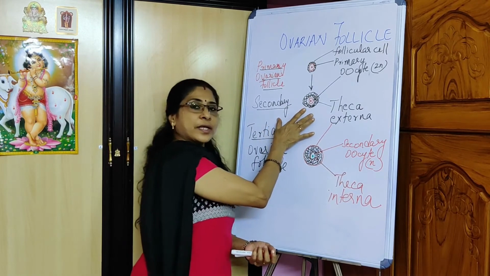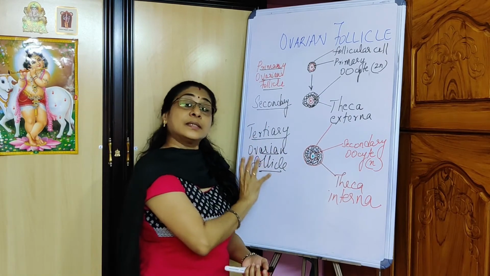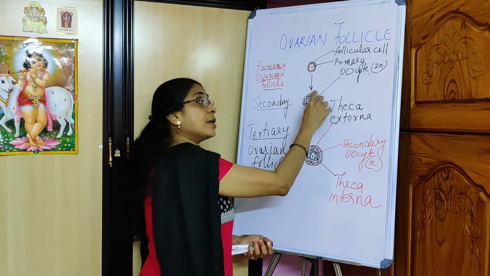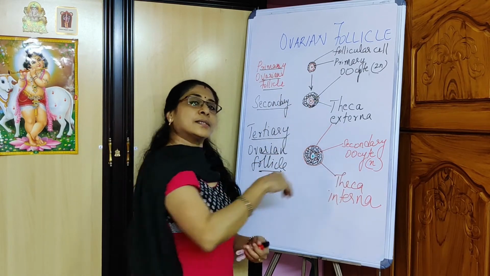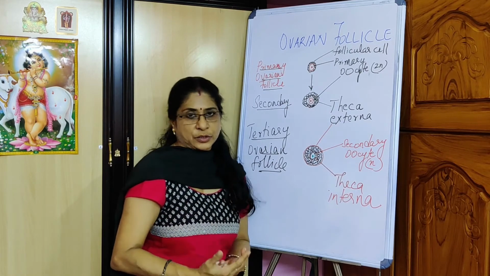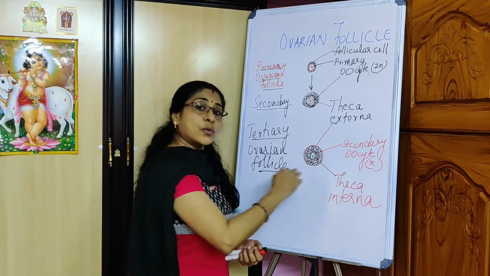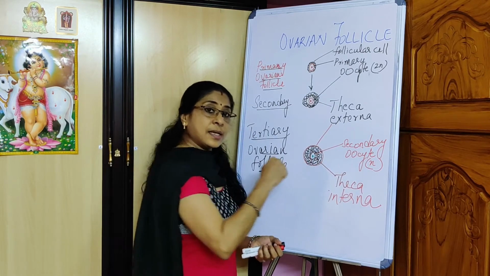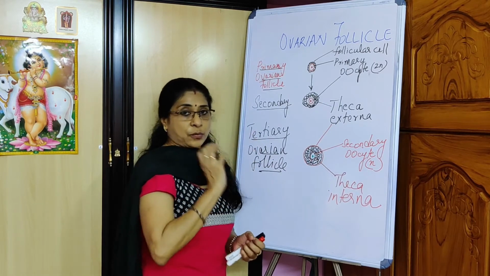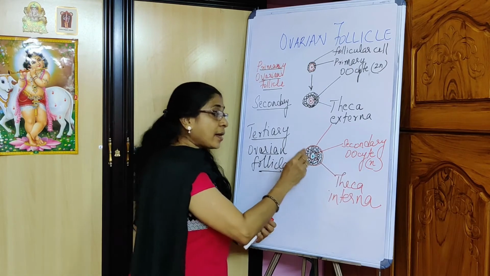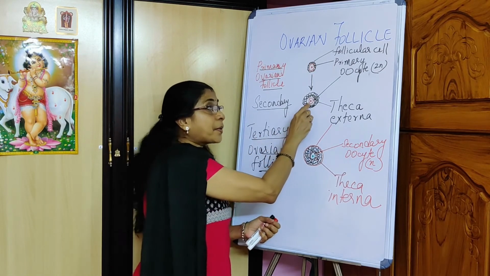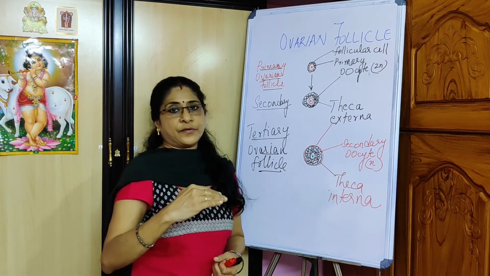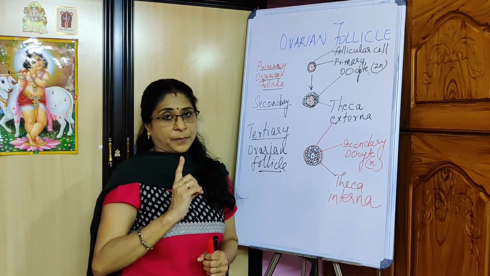From the secondary ovarian follicle develops the tertiary ovarian follicle. How does that happen? The follicular cells continue to divide mitotically, laying down one more layer of cells. So we have three layers of cells surrounding. And at this point, the primary oocyte undergoes reduction division, or meiosis 1.